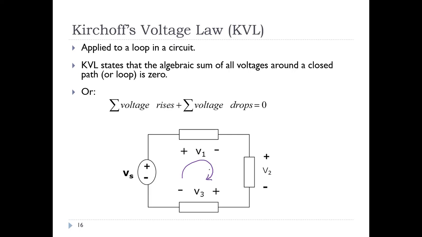It's up to you. So in this case, let me choose the clockwise direction. If I start from this Vs, I will see the negative terminal of Vs first, minus Vs, and then plus V1, plus V2, plus V3 equals 0.